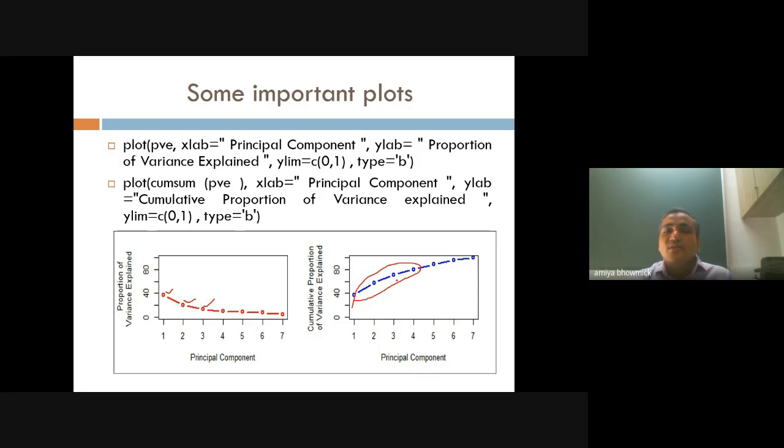High dimensional means the number of rows is small, whereas the number of columns is very high, and they have a lot of measurements.